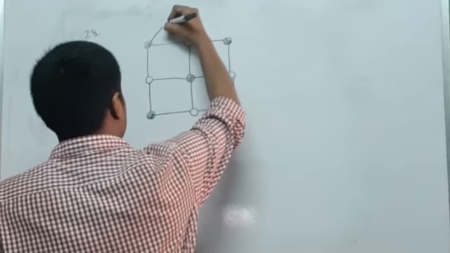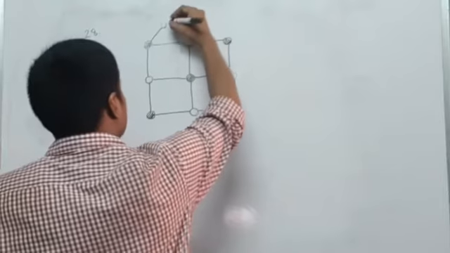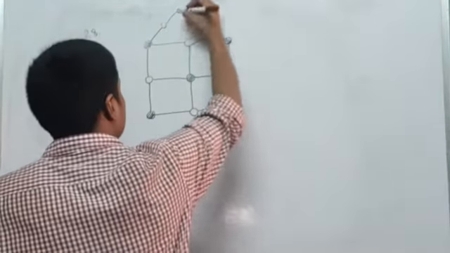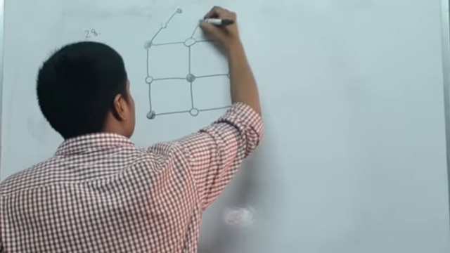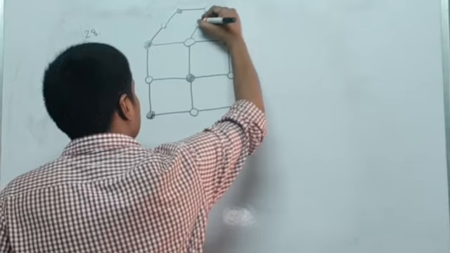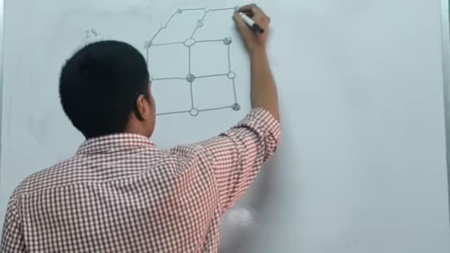I'll just draw one of them for you, and it should be easy to visualize how to go on in the other direction. Just like I said, the rule is simple: shaded followed by unshaded, unshaded followed by shaded.